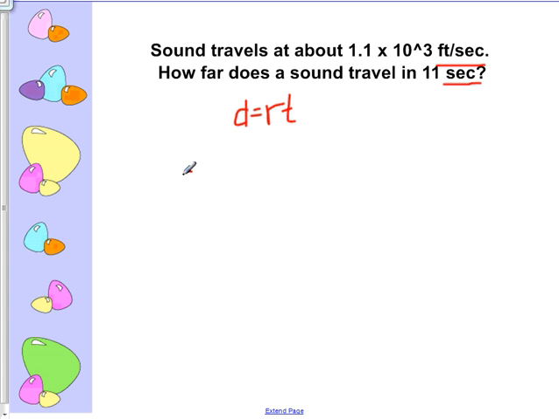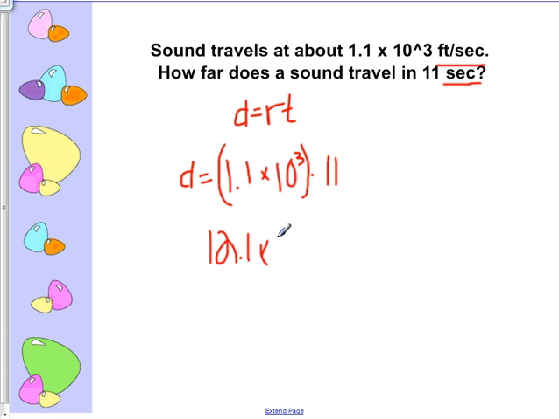So we have our distance, which is what we're trying to find, equals our rate, which is 1.1 times 10 to the third power, and that's multiplied by 11 seconds. So we multiply 11 times 1.1, and that equals 12.1 times 10 to the third power.